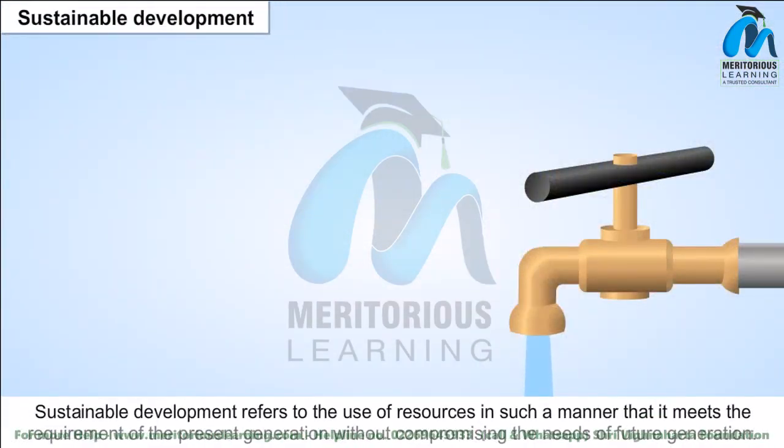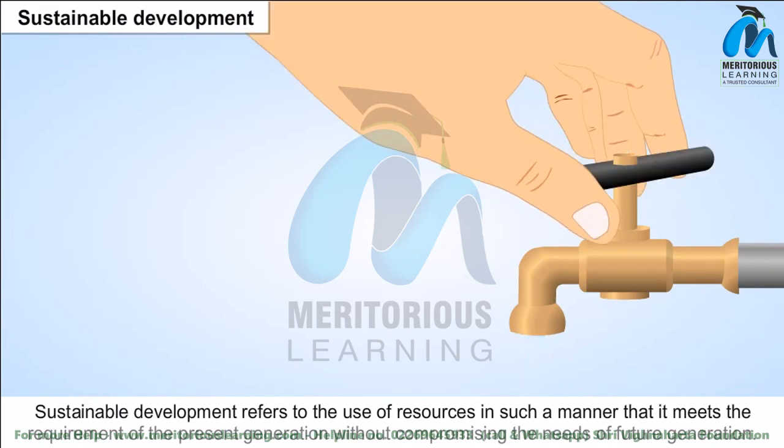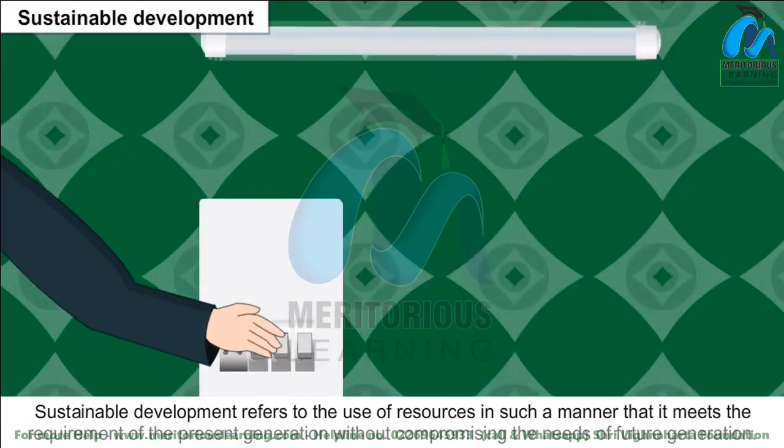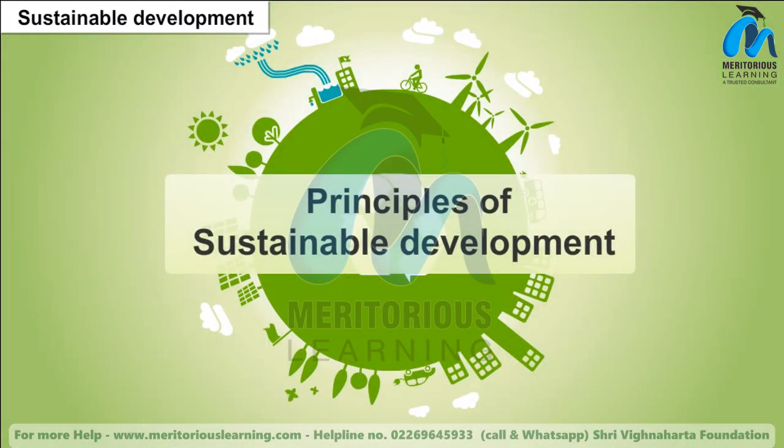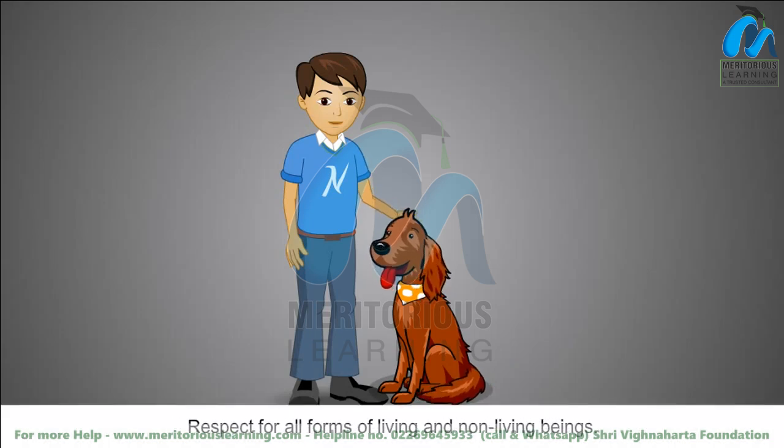Sustainable development refers to the use of resources in such a manner that it meets the requirements of the present generation without compromising the needs of future generations. Principles of sustainable development. Respect for all forms of living and non-living beings.